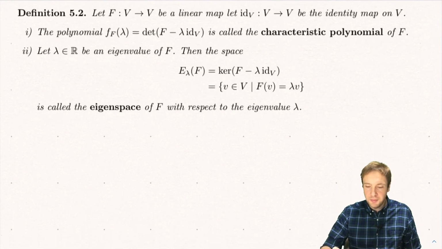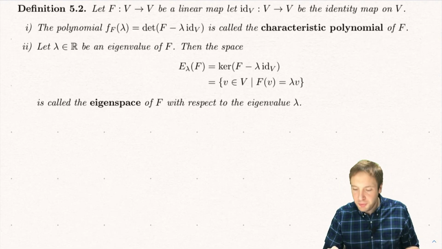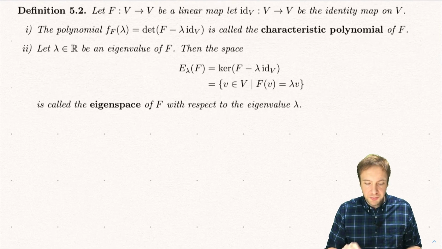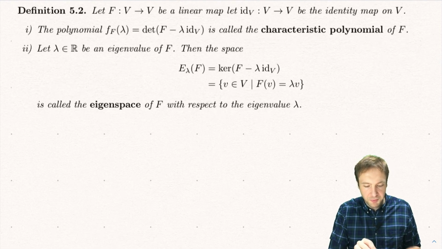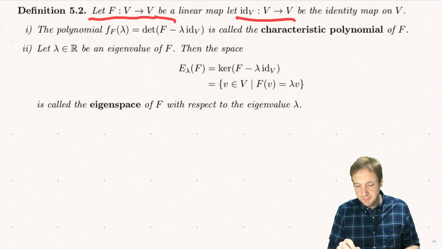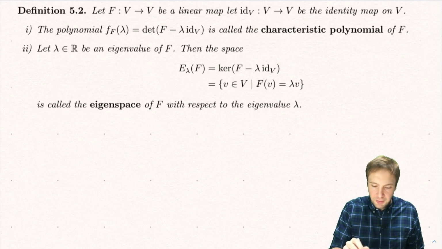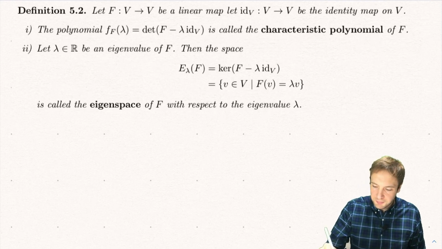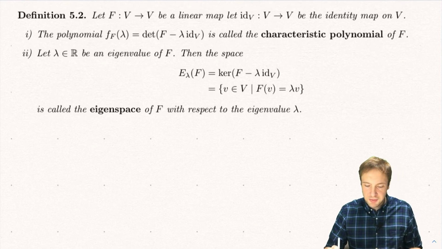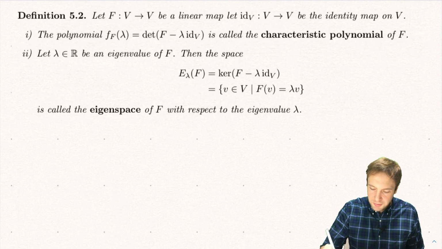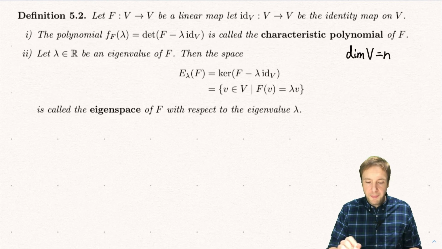This is called the characteristic polynomial of f. So let's be more precise. So if f is a linear map from V to V, and this is the identity map on V, and also this V is always finitely generated. So let's say the dimension of V is n.